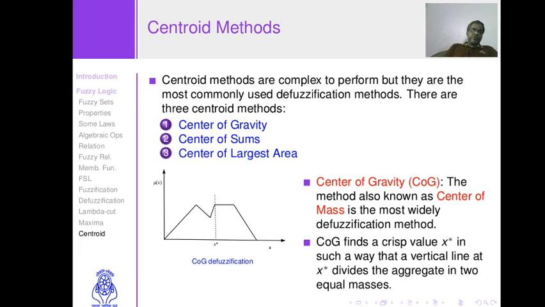If we draw the curve as shown in this figure, the space covered by this curve is considered like a body, and we try to divide it into two equal parts in such a way that we find x star.